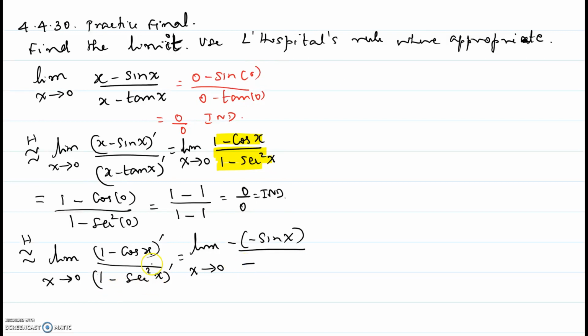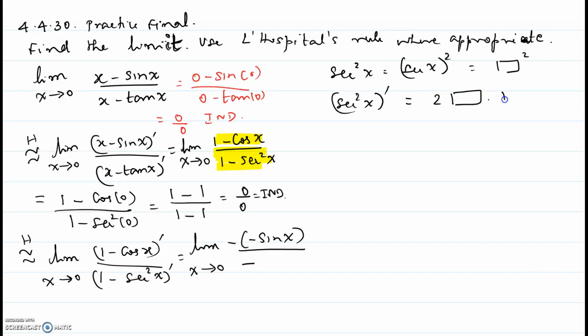Then we are going to look at secant square x as secant x the whole square. So it is something like a box square. When you take the derivative of secant square x, it's going to be 2 times the something, times the derivative of the box.